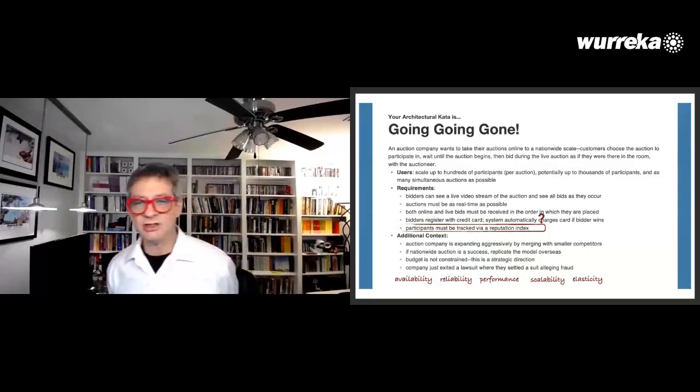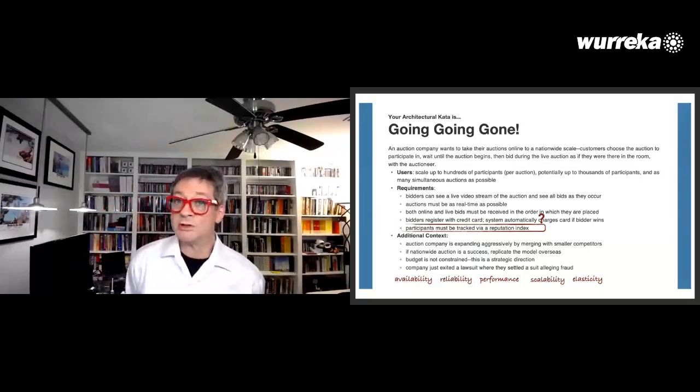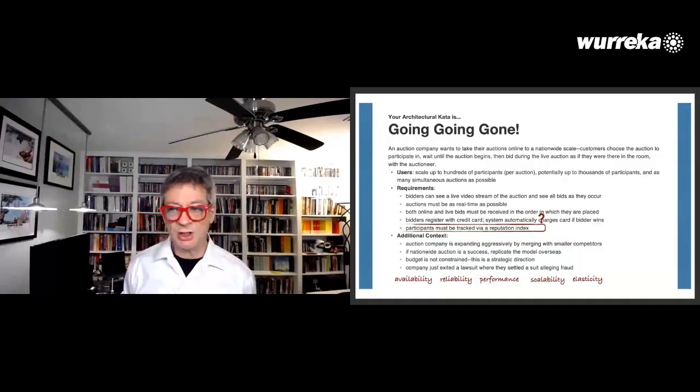Scalability is a well-known concept in architecture. Elasticity and performance are all well-known concepts in architecture. Reputation index is not. So that's the first clue that this is actually part of the problem domain and not an architecture characteristic. Remember, we have to write all the software to manage an auction in addition to these architecture characteristics.